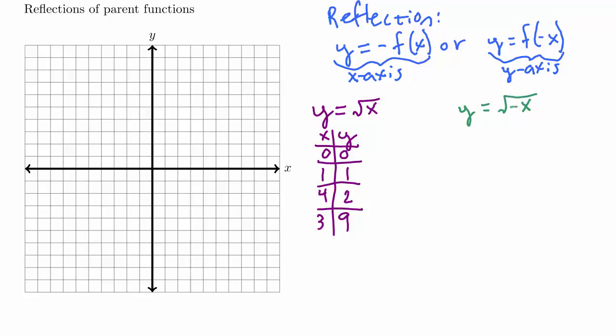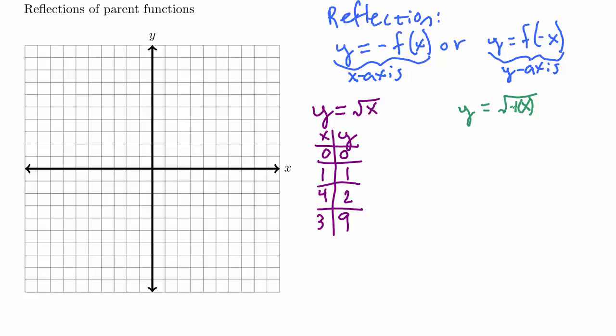Because the negative is on the inside, that makes it a reflection across the y-axis this time. Again, you already know how to do this because there's a negative there on the inside, and it affects the x value. You can think of that as negative 1 times x. So what I need to do is the opposite of what it says.